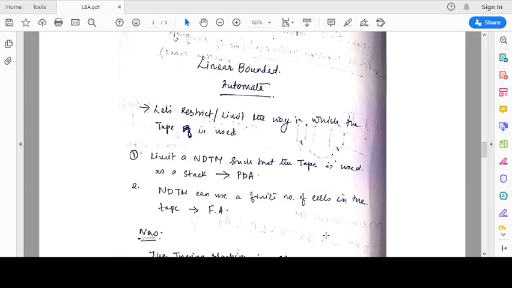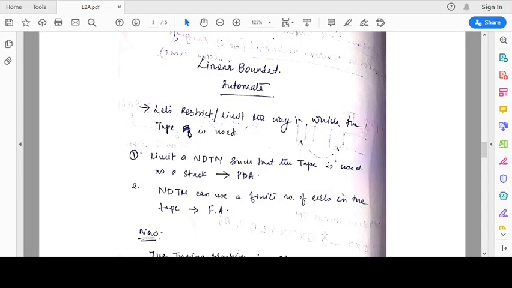So, we can limit a non-deterministic Turing machine such that the tape is used as a stack. What is the property of a stack? We are pushing an element which goes to the top of the stack, and again we are popping the element from the top of the stack as well, right? So we'll consider the tape to function like a stack.